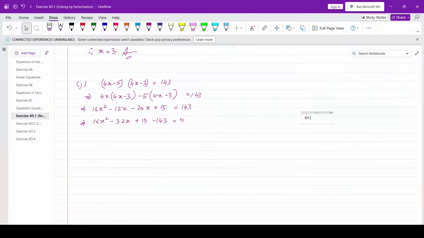Now 15 minus 143 is equal to -128. So we have 16x square minus 32x minus 128 is equal to 0. We can take 16 common out of these, so this remains x square minus 2x minus 8 is equal to 0. As we can see, 8 times 16 is equal to 128.